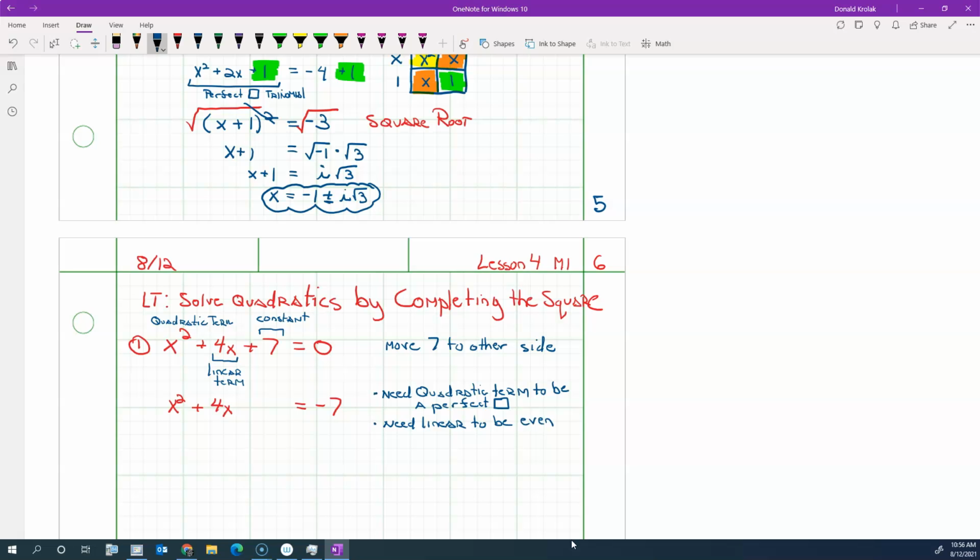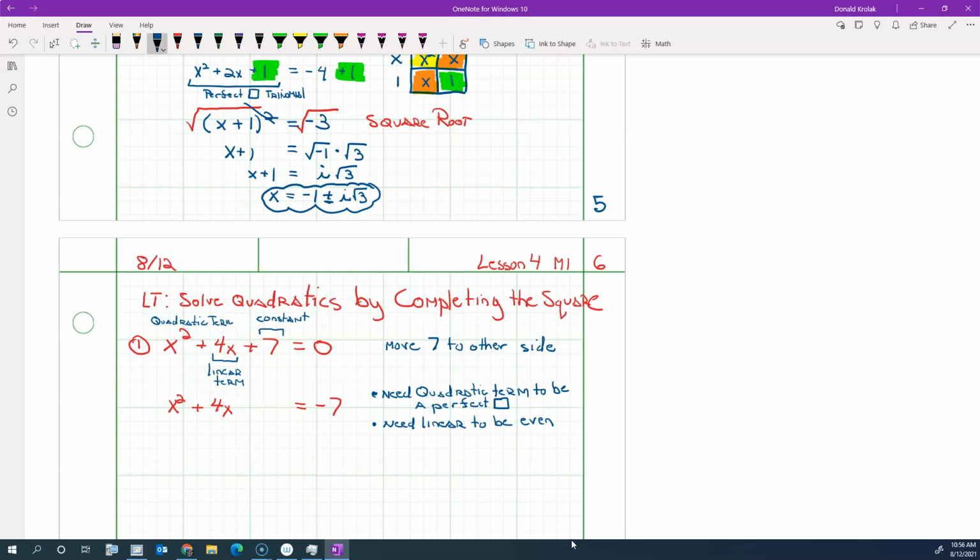You can't complete the square until you have those. That's like the prerequisites. Before you can complete the square, you got to have a quadratic term that's a perfect square and a linear term that's even.